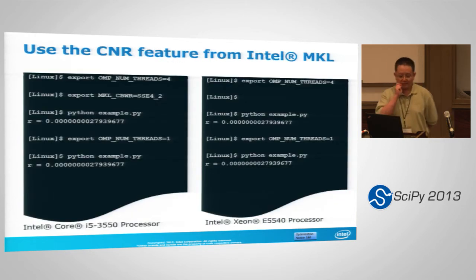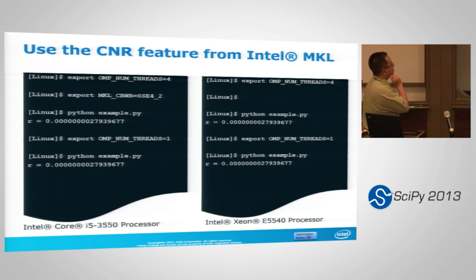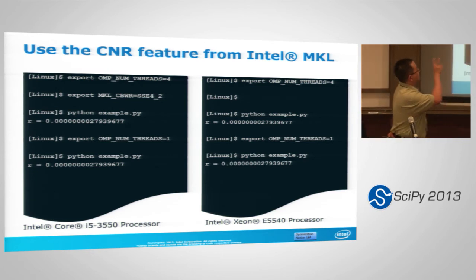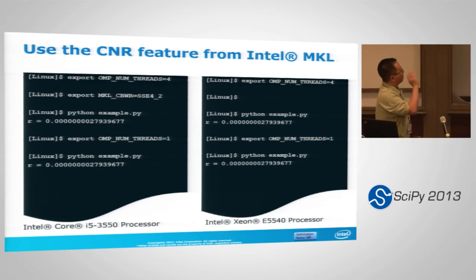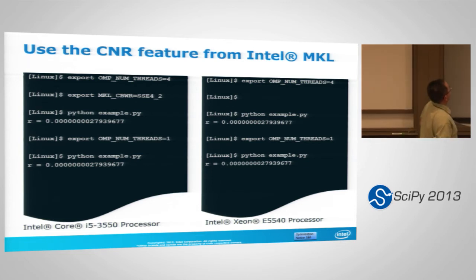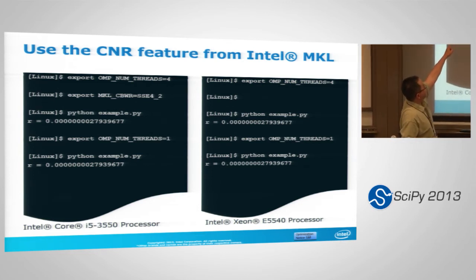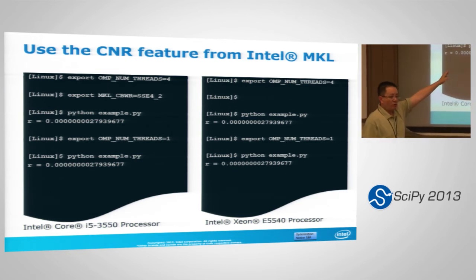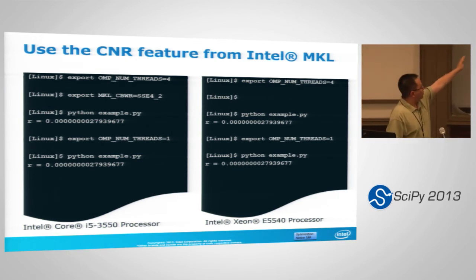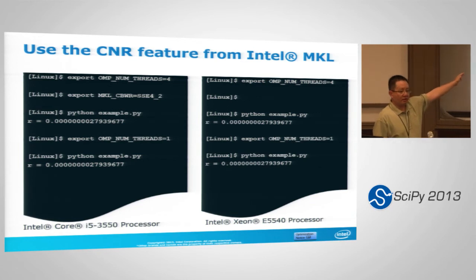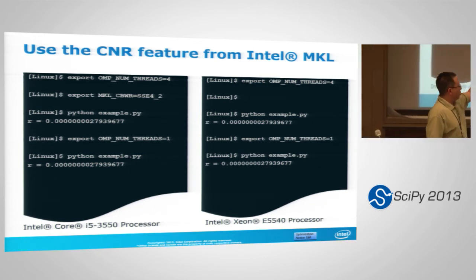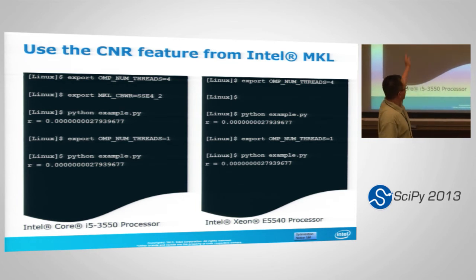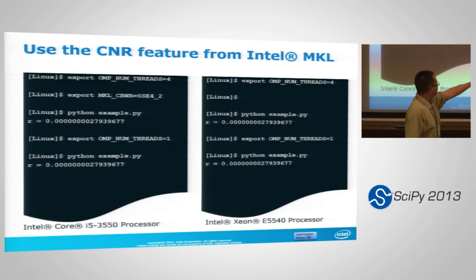Here is the example. Let's say we still run the same program on these two processors. We fix the number of threads to 4 on both. Then on the newer processor, we set this environment variable to SSE 4.2. SSE 4.2 is the instruction set that was supported on the older processor, so it is supported on both older and newer.